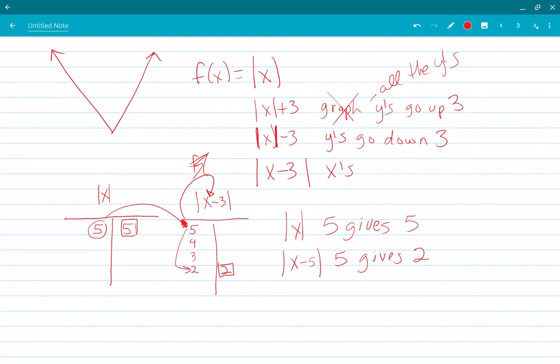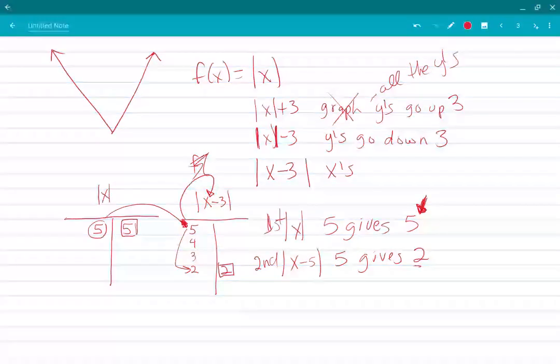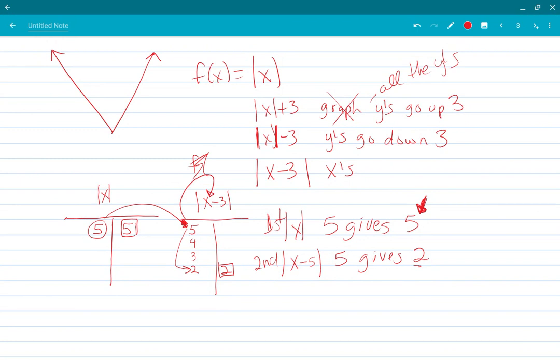The first one or the second? The first. The first went up faster than the second one. Because the second one, if you were racing, this one is losing 3 every time. So all the inputs, they're losing 3. So if you're losing, you're going to go up slower.